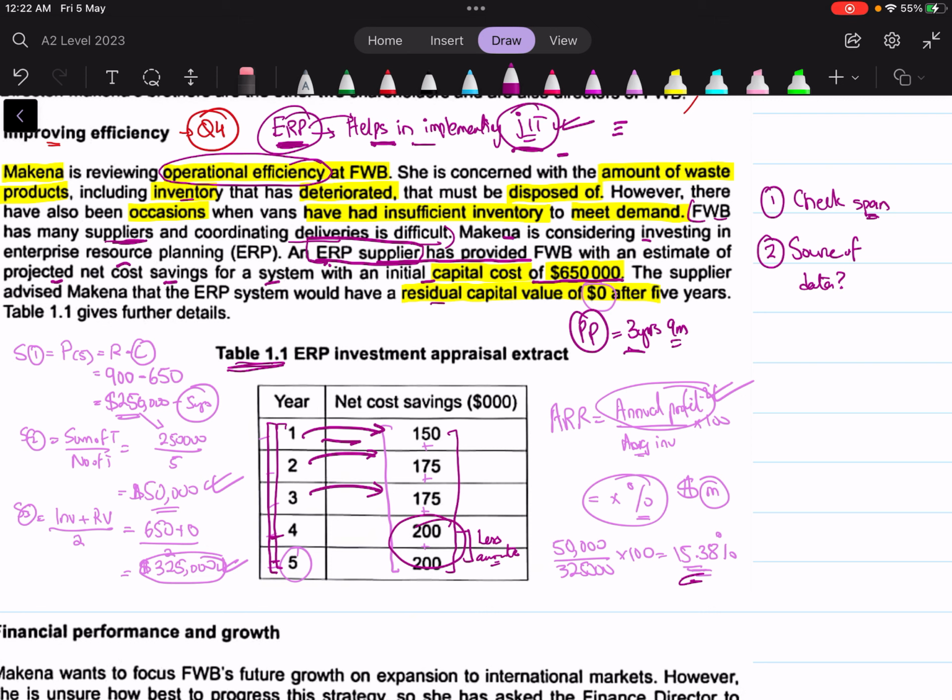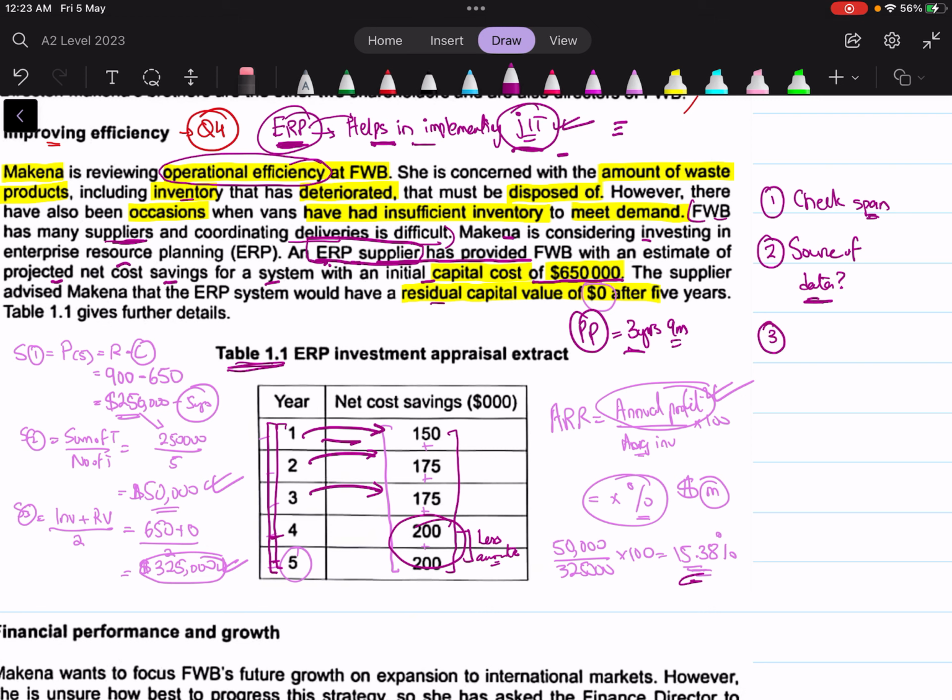So you're going to get a better ARR and a better payback, because I want the data to be represented in such a manner that it lands a favorable result. So the source of the data is questionable here. Because you have contacted the ERP supplier, it is likely that he would have manipulated the data in order to win your trust, in order to win your favor. So the next thing, in an investment appraisal question, is always to check the source of data.